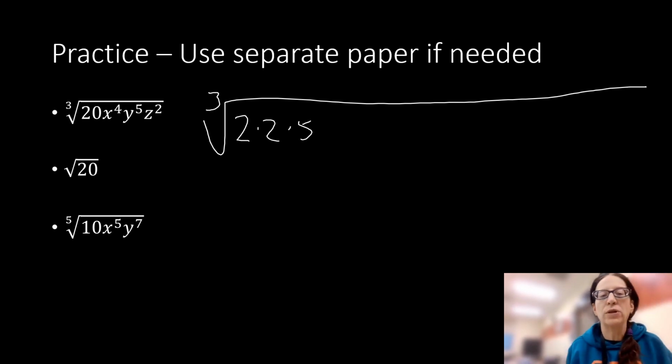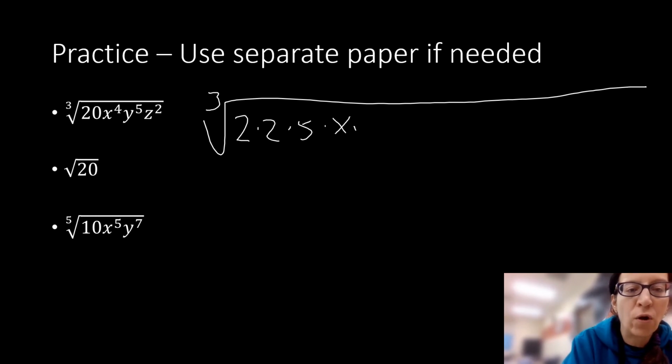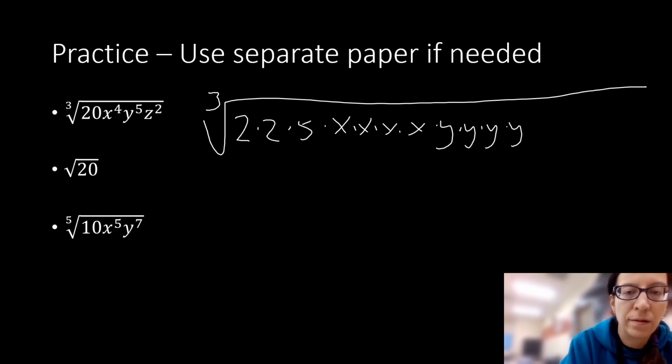Now even if you said, oh, it's 2 times 10, yes, and then 10 breaks into 2 times 5. So no matter how you start that problem off, you should end up with 2 times 2 times 5. Then we have 4 x's and 5 y's, and then 2 z's.